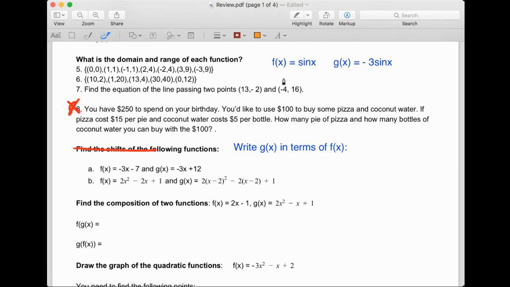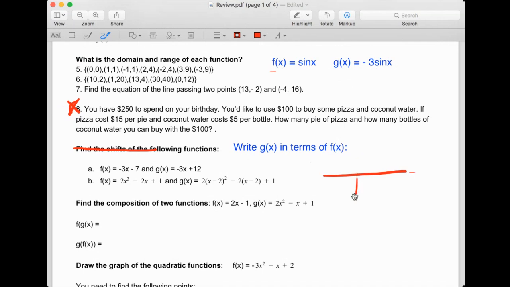We're treating f as a basic function or reference function. What does that mean? Then we're treating g of x as a transformation of f of x.